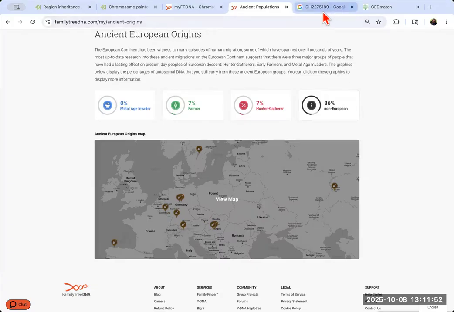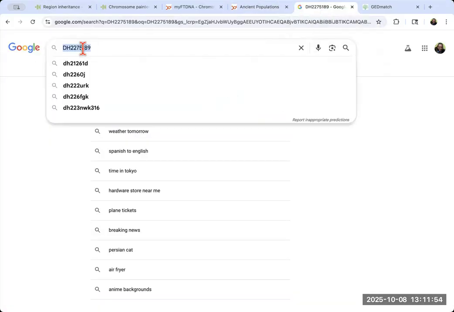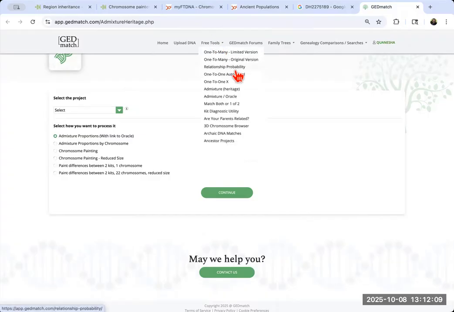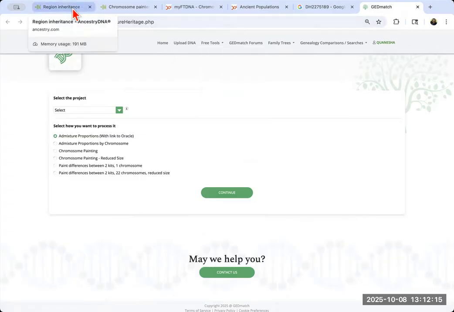And then from there, we're just going to go ahead and take this. The first thing we're going to do is just use GEDmatch. Looking at GEDmatch, they do have some tools. The tool we're going to be looking at right now is just going to be admixture heritage, because that is all these regions are, just admixture.